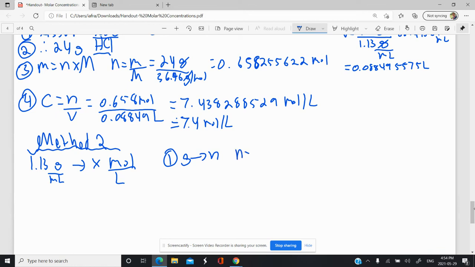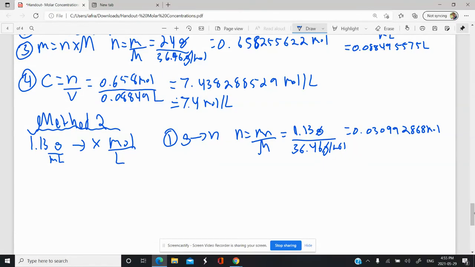We know that mole is equal to mass over molar mass, which is equal to the 1.13 grams over the 36.46 grams per mole. Cross that out and we get our mole value. So 1.13 divided by 36.46, and we get 0.030992868 moles.